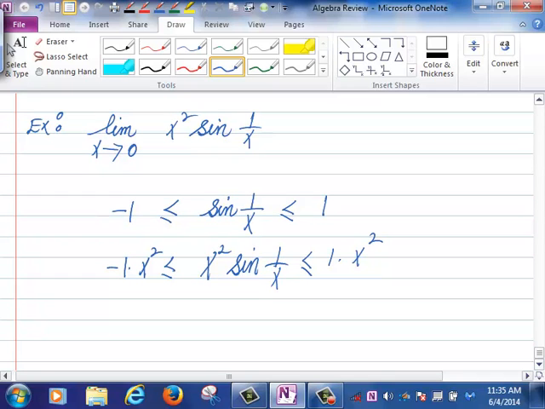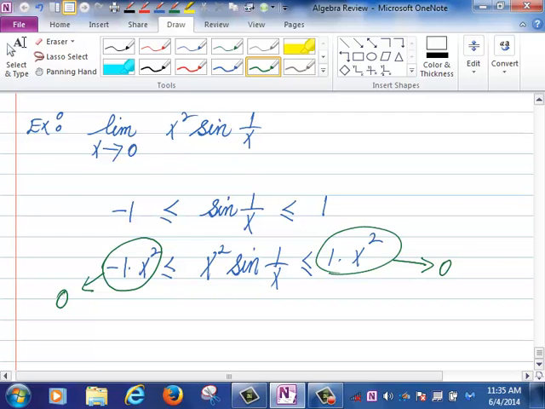Now, can someone tell me what's the limit of this guy when x goes to 0? 0. When x is close to 0, x squared is close to 0. What's the limit of negative x squared when x is close to 0? 0 as well. So the limit of the upper bound is 0, the limit of the lower bound is 0. So the limit of the middle one would have to be 0 as well by the squeeze theorem.